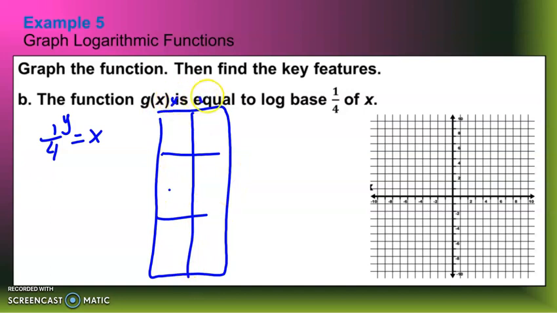Again, this is my x, this is my y. I'm choosing y values. Again, I'm choosing the same 3 numbers. 1/4 to the negative first power: I flip the 1/4 and raise it to the first power, and I get 4. 1/4 to the 0 power is 1. And 1/4 to the first power is 1/4.